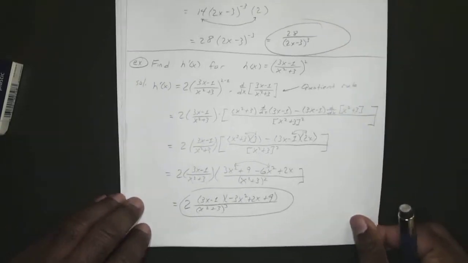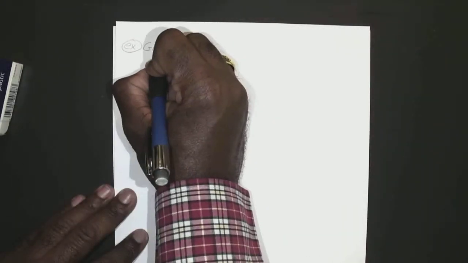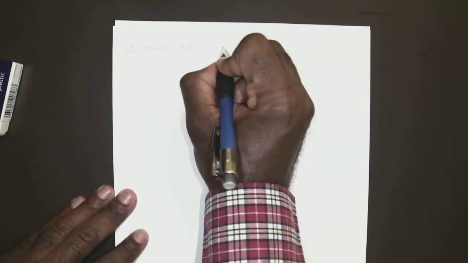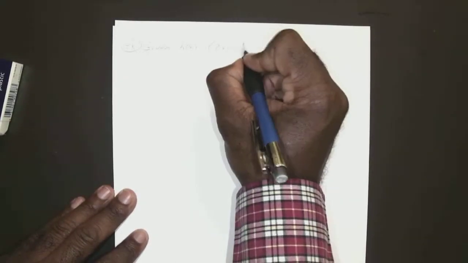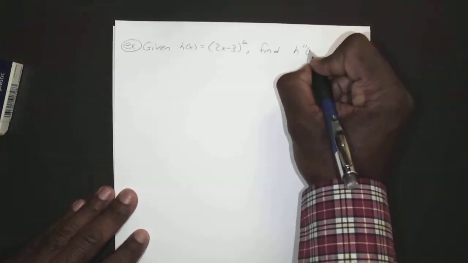All right, so let's say, for example, here, if we're given h of x equals (2x minus 3) to the 6th, we want to find our second derivative.